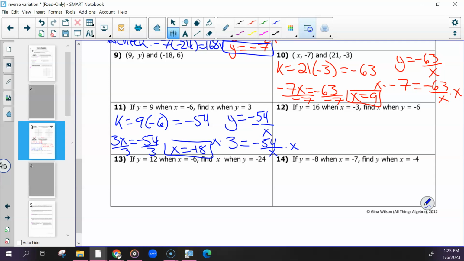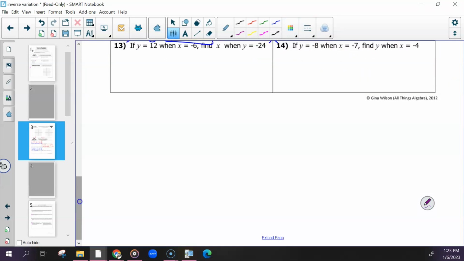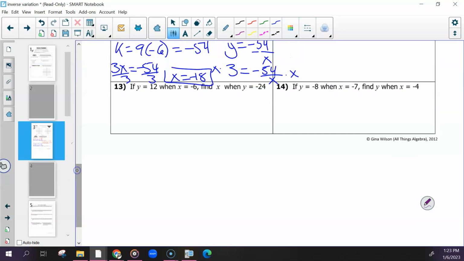Last one on this page. 14. So now multiply -8 and -7 to find k. Take that k value, put it in your equation.